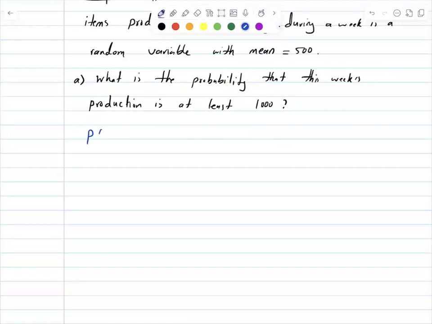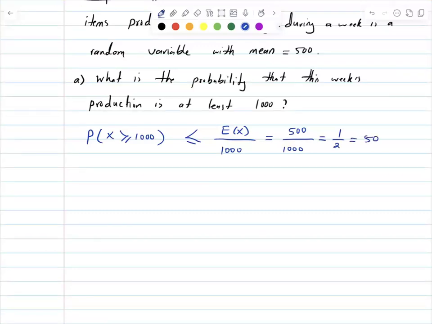So in order to find the probability that X is more than or equal to 1,000, we can apply Markov's inequality. This is less than or equal to the expected value of X divided by, in this case, 1,000. This is 500 divided by 1,000, which is a half, or 50%.